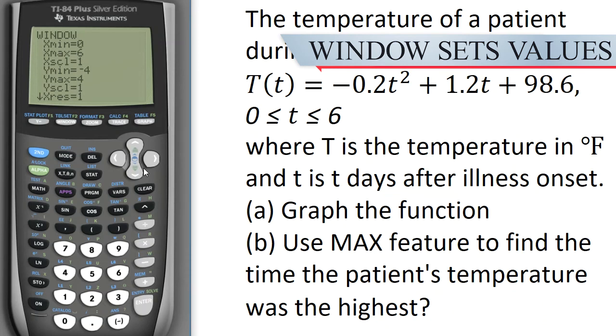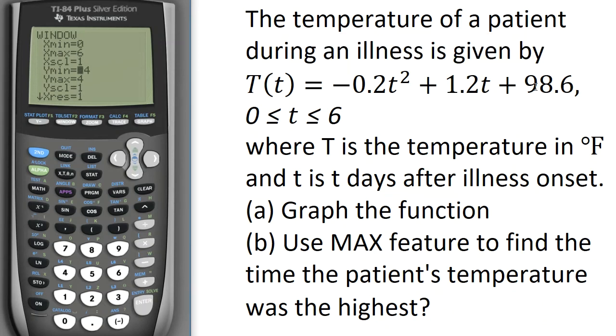On the y variable, it seems to me if t equals 0, I'm going to get 98.6. So I think I'll make the lowest 98. And what's the highest temperature a person could get to? Maybe 106, 112. Let's just put in 106 and see what happens for the graphing window. And instead of a check mark every 1 on the y scale, I think I'll do a check mark every 2.